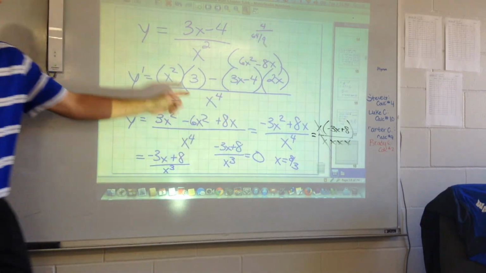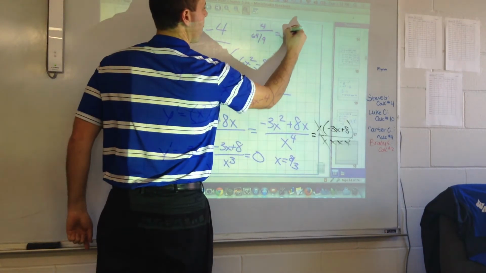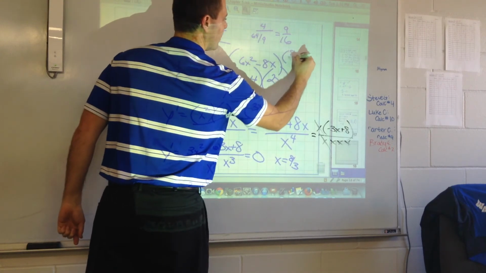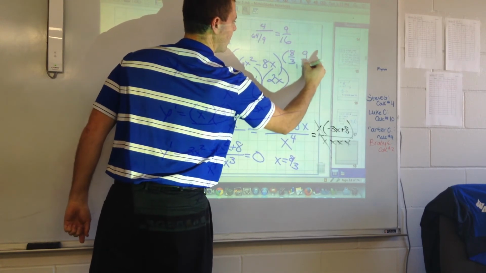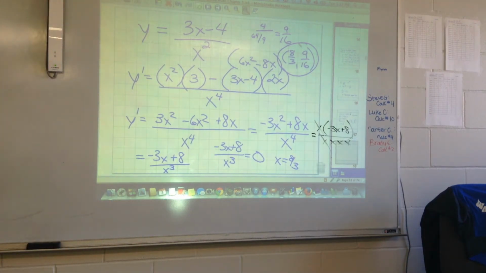So 4 divided by 64 ninths, or 4 times 9 64ths, which is 36 over 64. You can simplify that, also known as 9 16ths. So the point is 8/3, comma, 9 16ths.